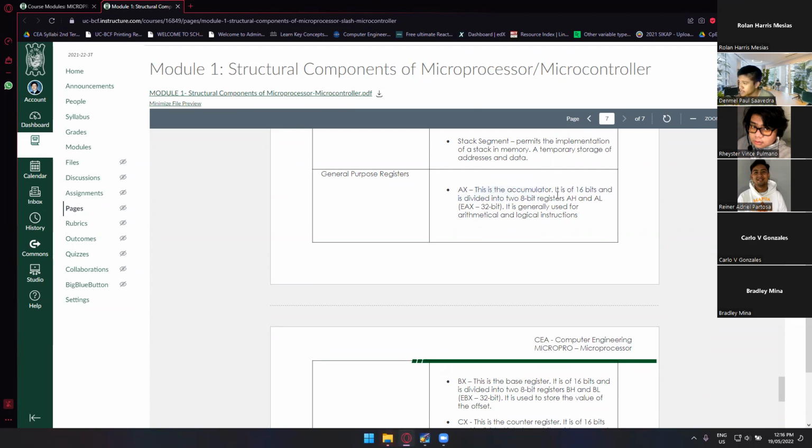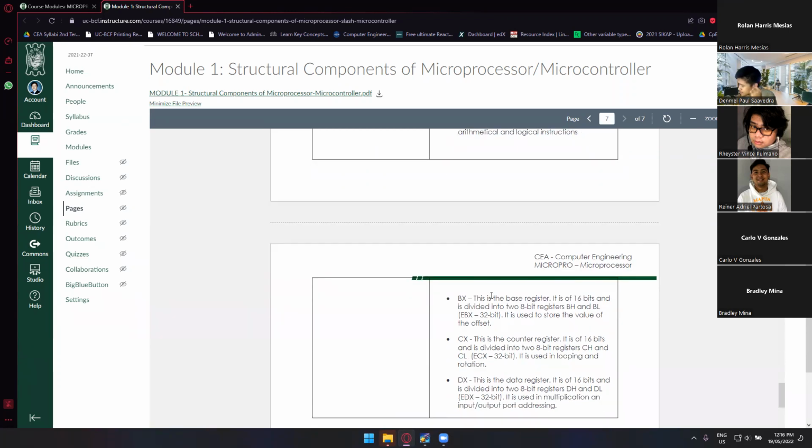It is 16 bits and is divided into two 8-bit registers, AH and AL, comprising one 32-bit register, the EAX. It is generally used for arithmetical and logical instructions. So take note, AX is best in arithmetical and logical instructions.